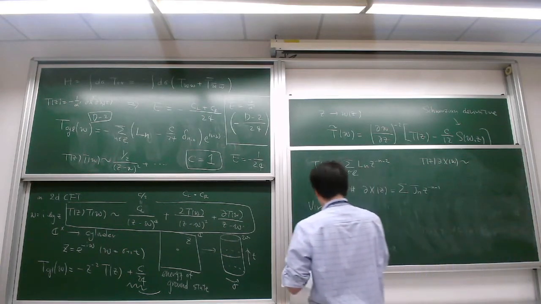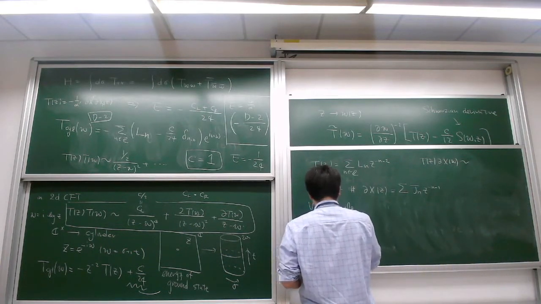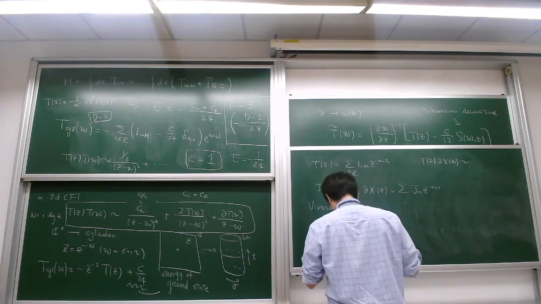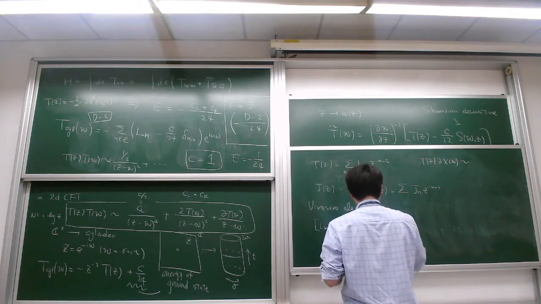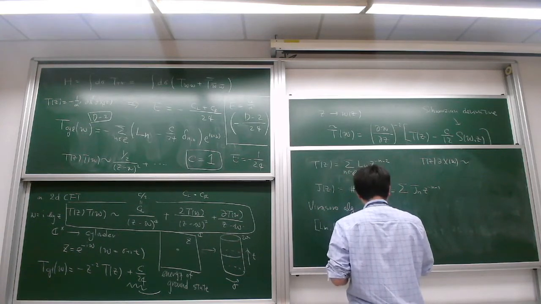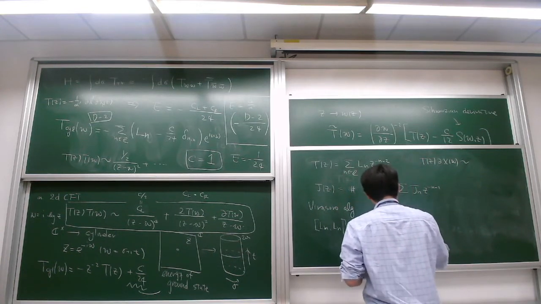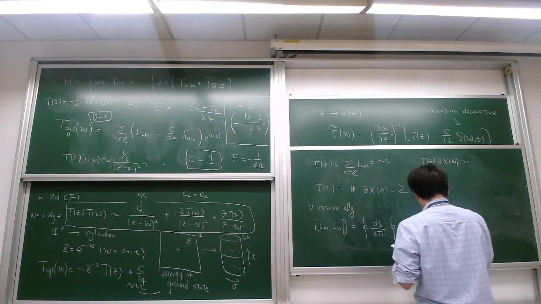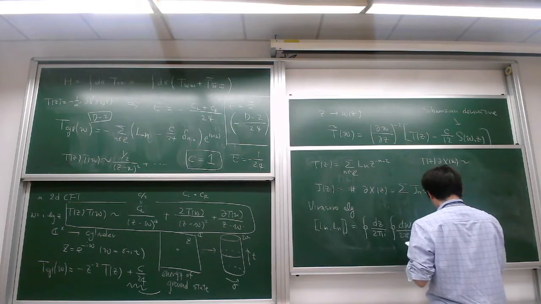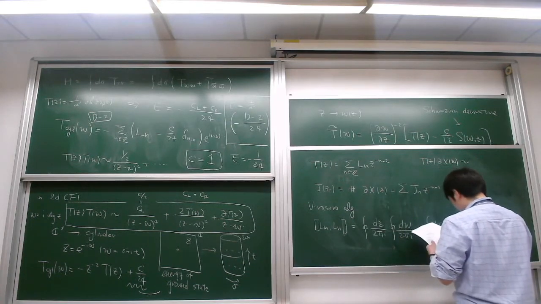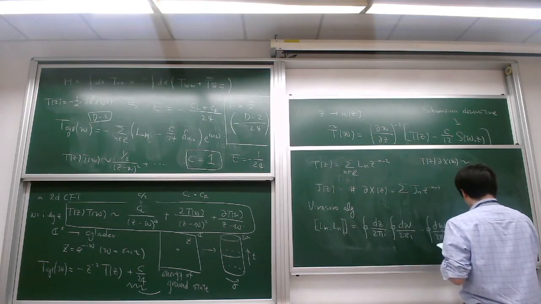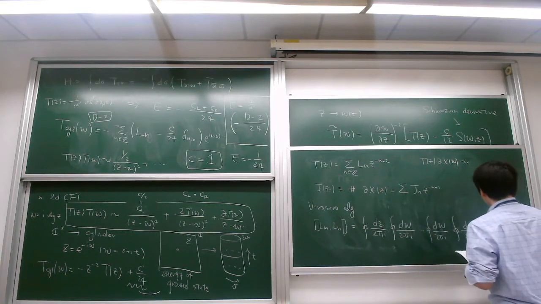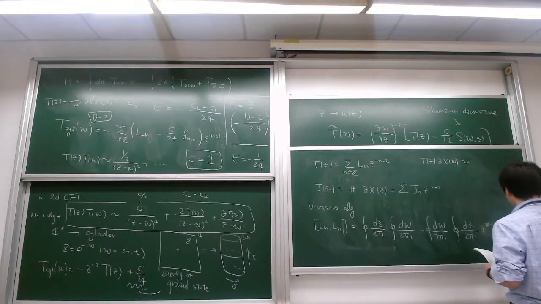You will get Lm. We already did this in homework, and if you want to learn 2D CFT, you always have to do this. It's a really fundamental relation. It's called the Virasoro algebra. And then T(z) is just a Fourier mode expansion.